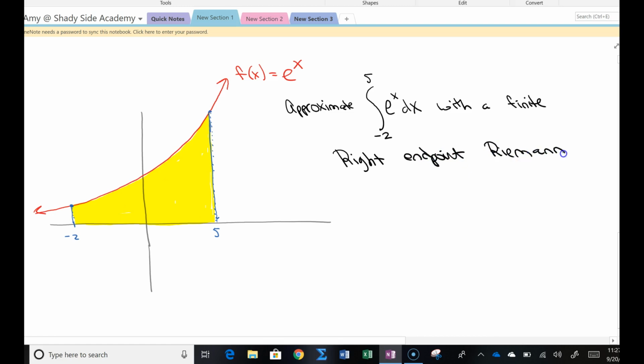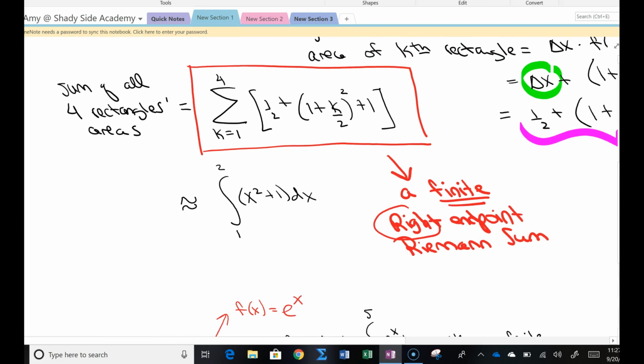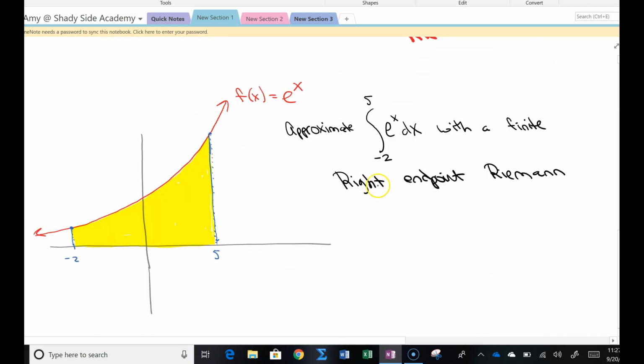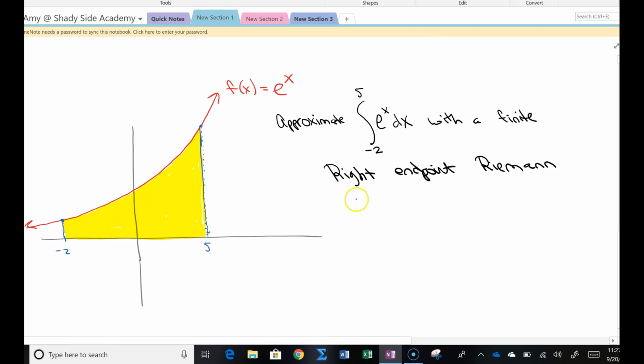So this is asking you to create a Riemann sum. Once again, what's the Riemann sum? Right here, it's a summation. Approximate this with a finite right endpoint Riemann sum where n equals, let's do 10 subintervals.